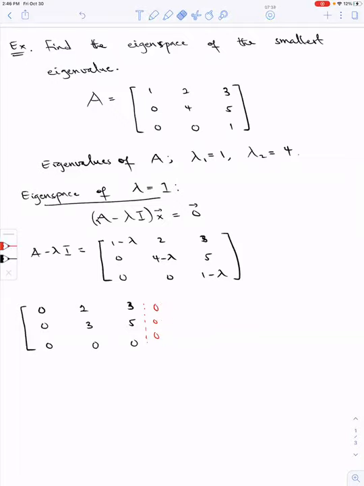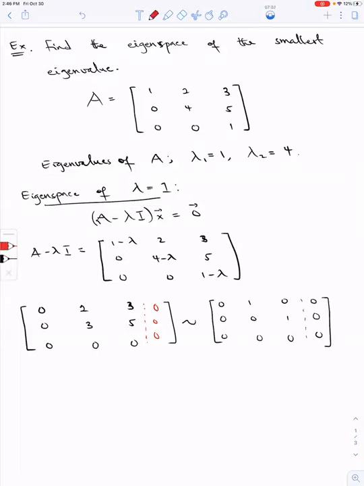If I write this in RREF, I get [0 1 0 | 0; 0 0 1 | 0; 0 0 0 | 0].